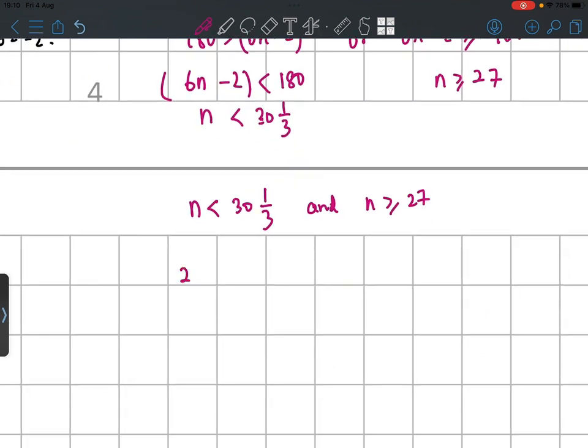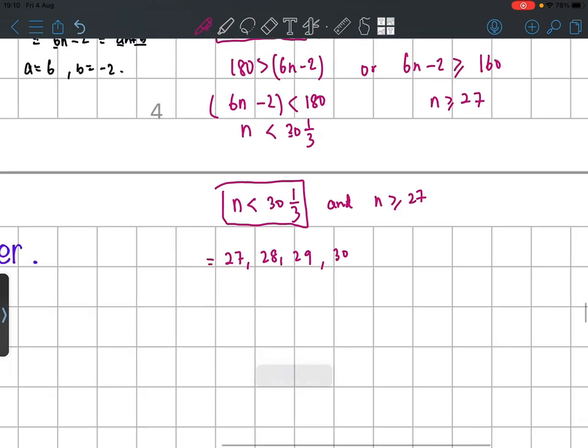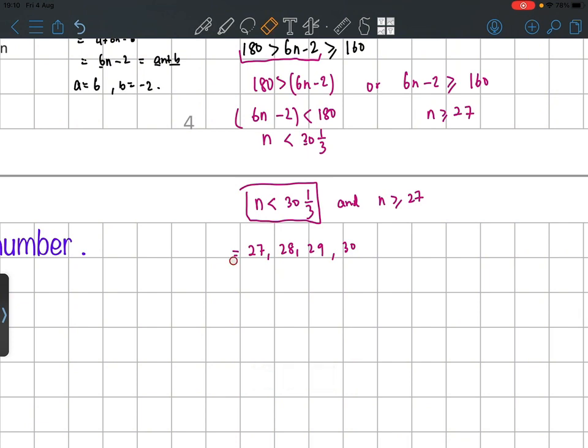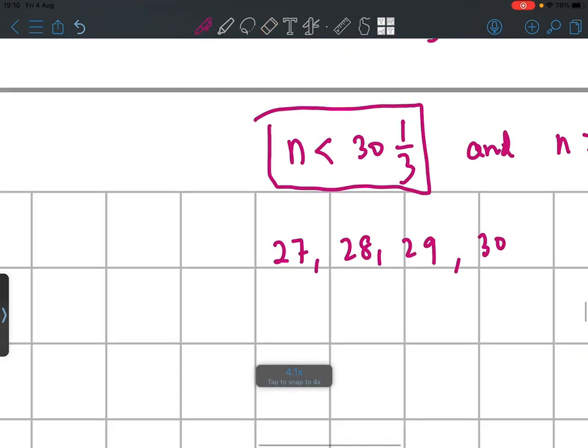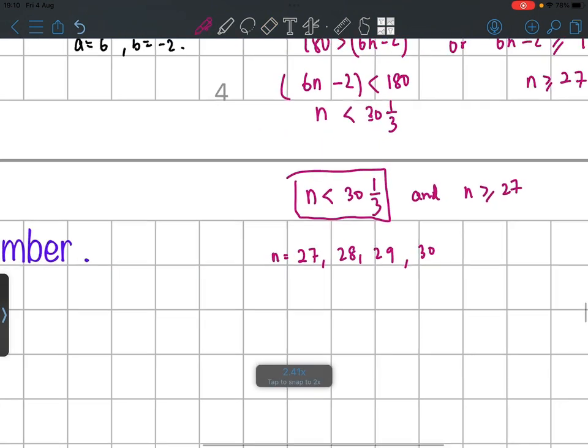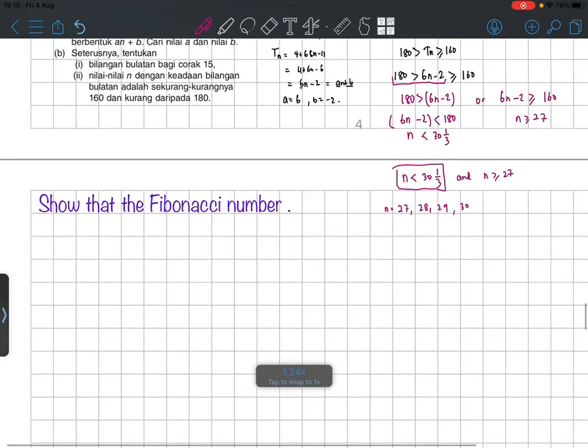So we know that n should be 27, 28, 29, 30, because we cannot exceed 30, since n is less than 30 and 1 over 3. So this is the value of n that we require based on the condition. So we have 4 values of n.